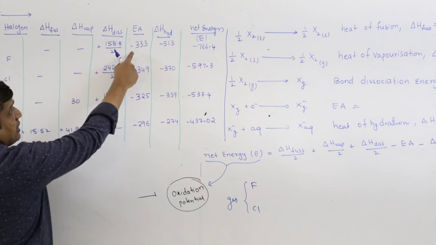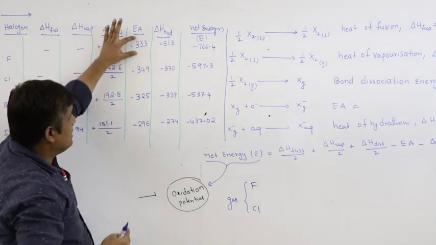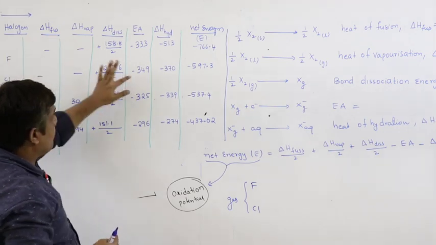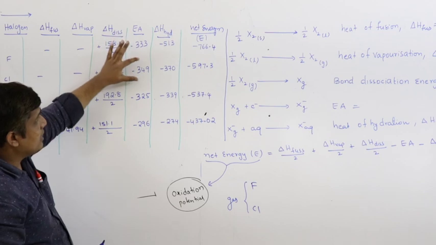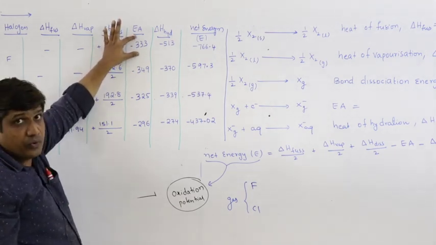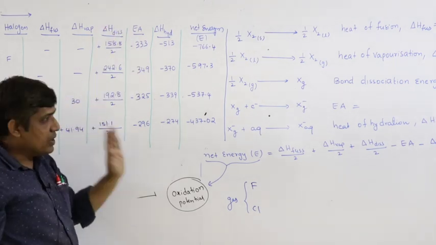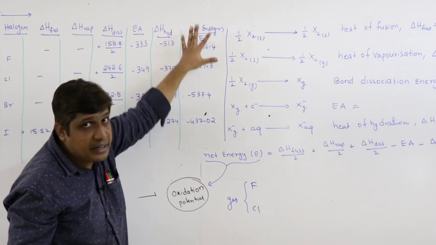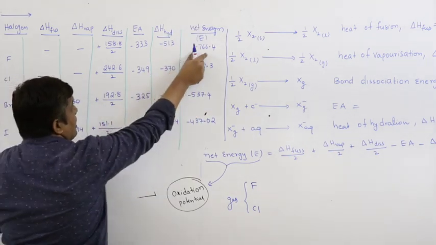Based upon electron affinity, if you predict, see only electron affinity values, minus 333 for fluorine, minus 349 for chlorine. So here it is very clear that chlorine has higher electron affinity than fluorine. Next one is bromine, next one is iodine, but the oxidation potential is the net value, it should be more and more negative. Now why is it more negative?